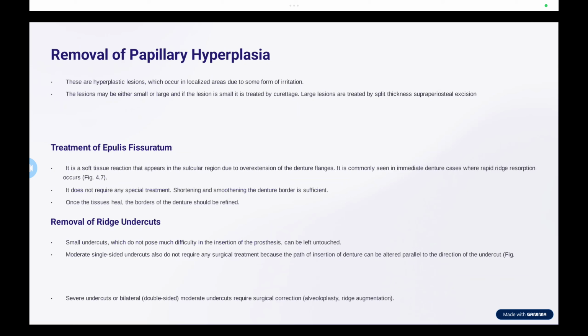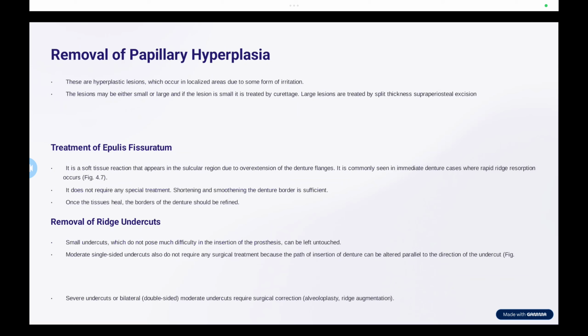Now next is treatment of Epilis fistulatum. It is a soft tissue reaction that appears in the sulcular region due to overextension of the denture flanges. It is commonly seen in immediate denture cases where rapid ridge resorption occurs.